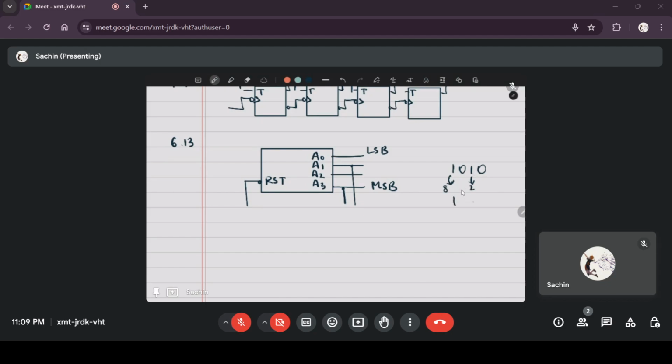All the combinations that have a 1 in the 8's and 2's place are numbers 10 and above: 10, 11, 14 and 15. So I'm assuming that the counter starts at 0. If it starts at some combination outside of the valid range, you'll have to wait for it to count up to 15, and then once it goes back to 0000, it will start counting again.